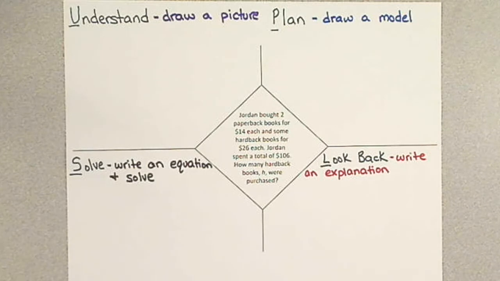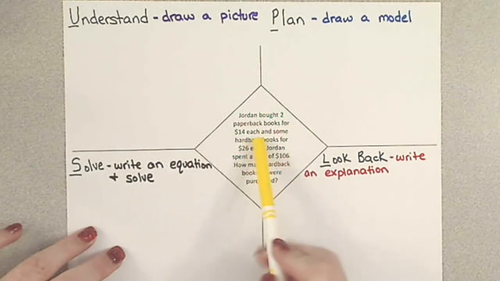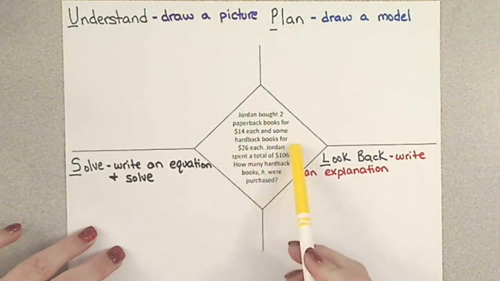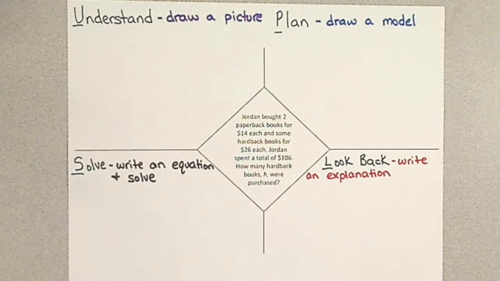So, our problem says, Jordan bought 2 paperback books for $14 each and some hardback books for $26 each. Jordan spent a total of $106. How many hardback books, H, were purchased?